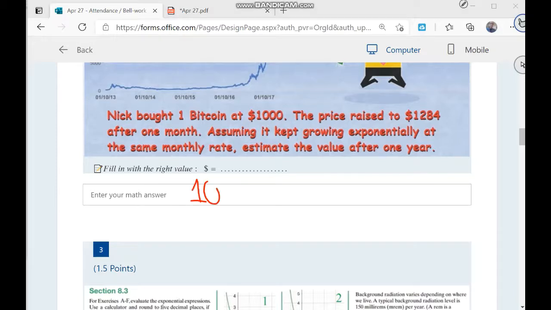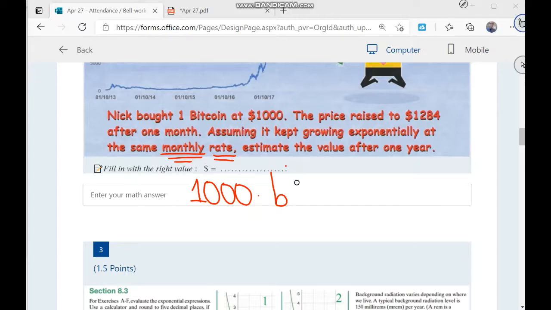And we know it raised exponentially. So let's multiply this by an exponential function. B exponent x. Since we're talking about time, this is over time, instead of x, let's use t as time. And time is going to be monthly. This is a monthly rate, so time is in months.